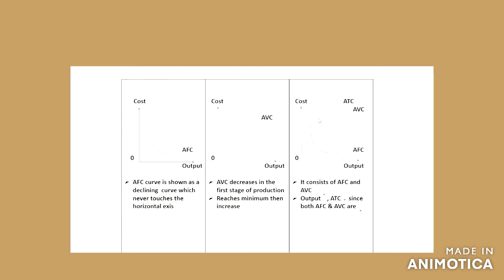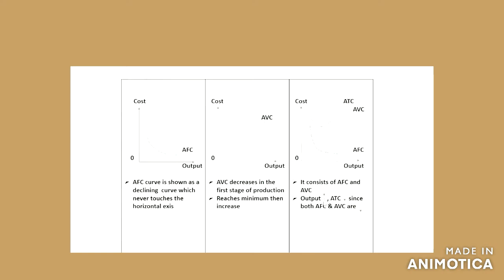So next is average total cost. This is the AFC, and then this is the AVC curve, and then ATC consists of AFC and AVC.